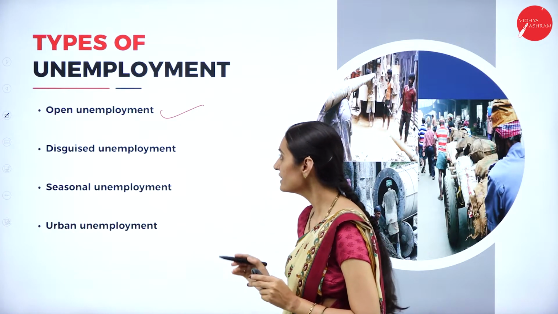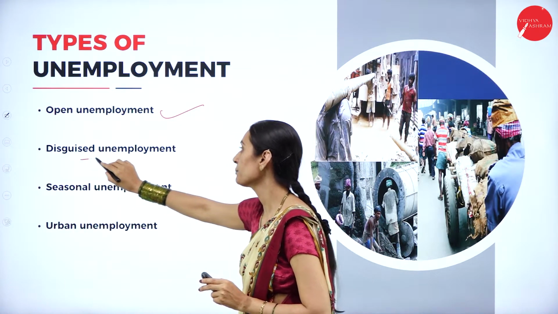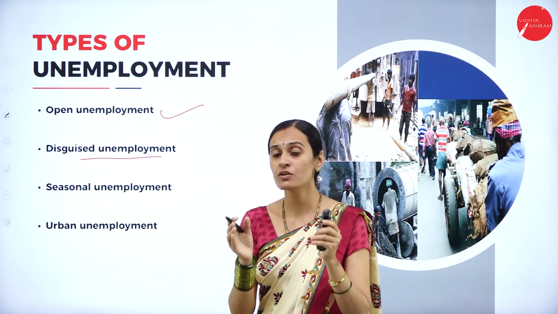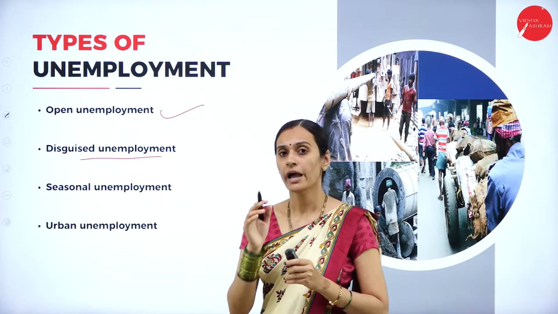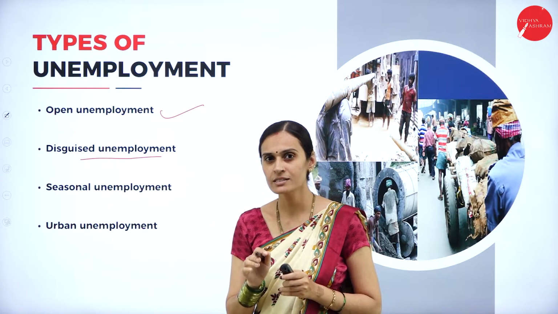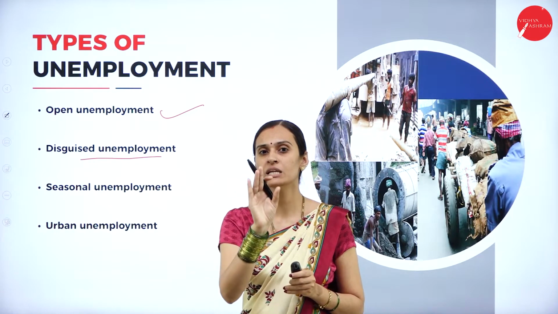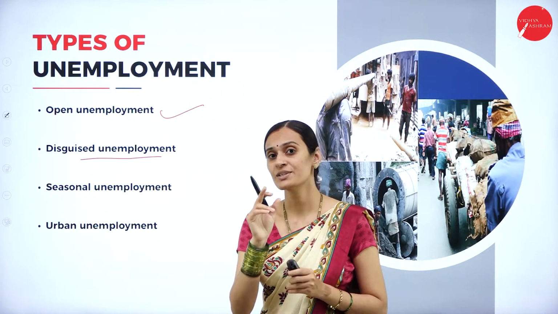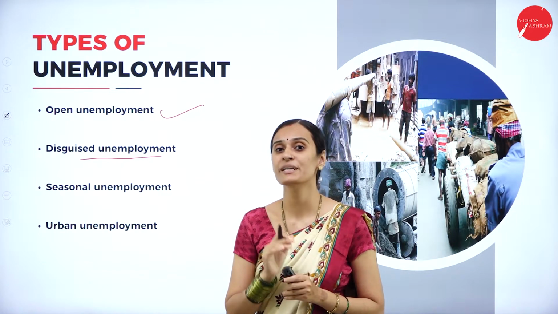The second one, disguised unemployment, is a situation where a large number of workers are working instead of the number of workers required. If the requirement is 3, instead of 3 people working, 10 are doing it. So it is considered disguised unemployment.